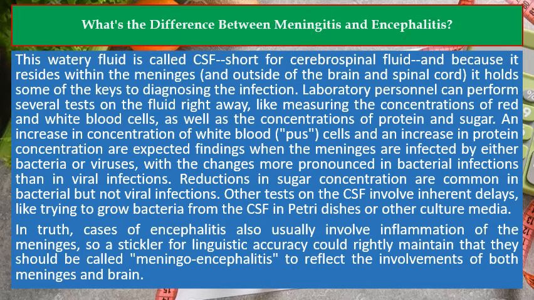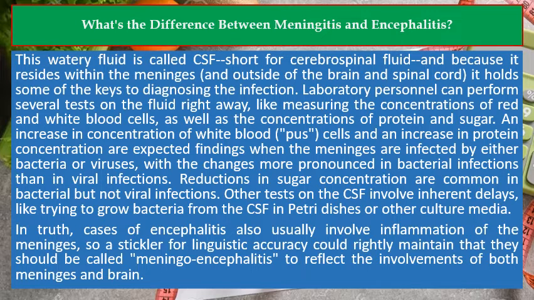This watery fluid is called CSF, short for cerebrospinal fluid, and because it resides within the meninges, and outside of the brain and spinal cord, it holds some of the keys to diagnosing the infection. Laboratory personnel can perform several tests on the fluid right away, like measuring the concentrations of red and white blood cells, as well as the concentrations of protein and sugar.